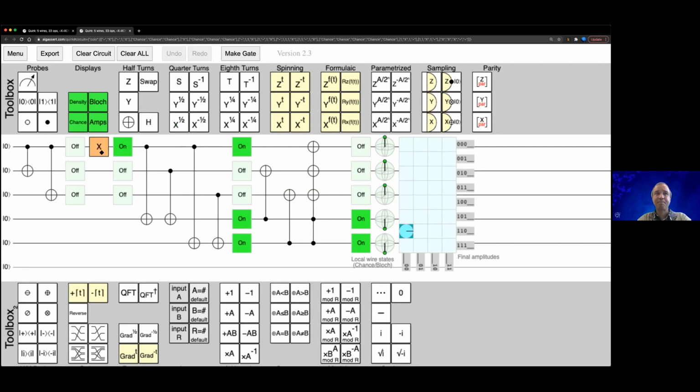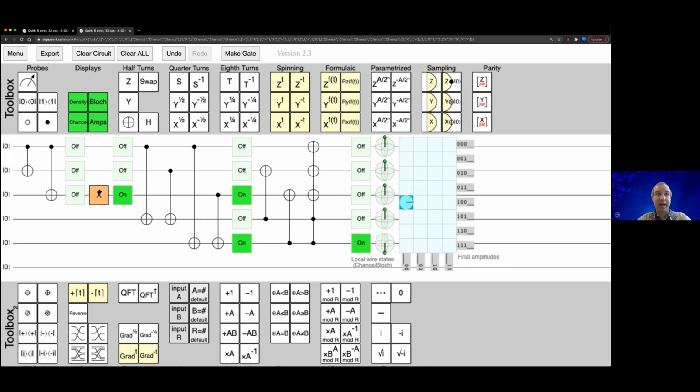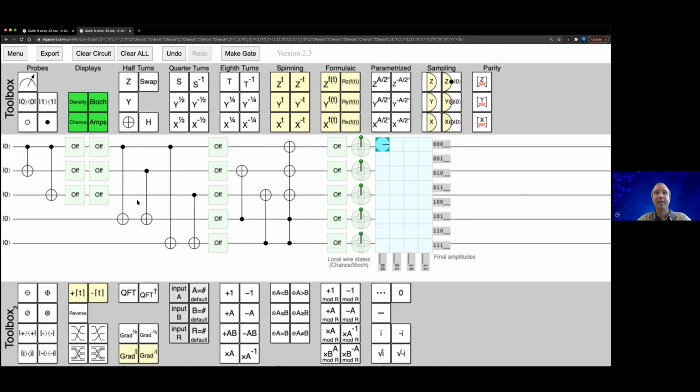If the error happens in the second qubit, the syndrome changes to 1, 0, which corresponds to a flip of the second qubit. If the flip happens in the third qubit, the syndrome is 0, 1. And if I don't have any error, the syndrome is 0, 0.